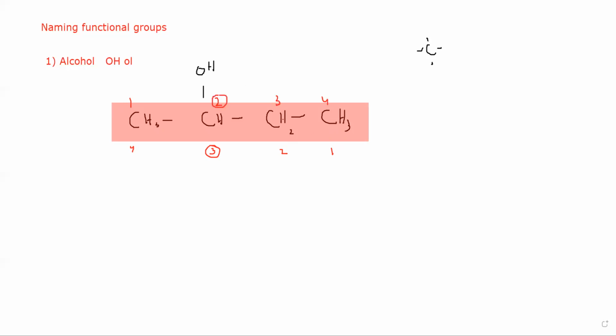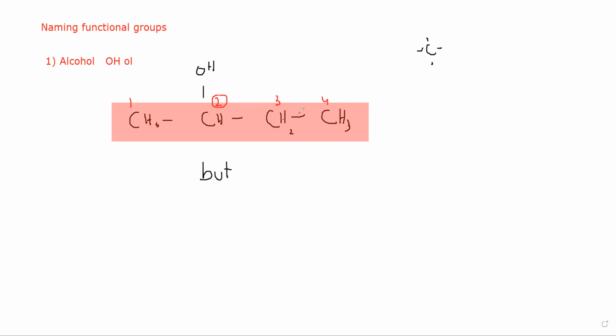Which numbering should I follow? I should follow the numbering from left-hand side to right-hand side. As there are 4 carbon atoms, what is the prefix used for 4 carbon atoms? But is for 4. That's right, so I will write but.